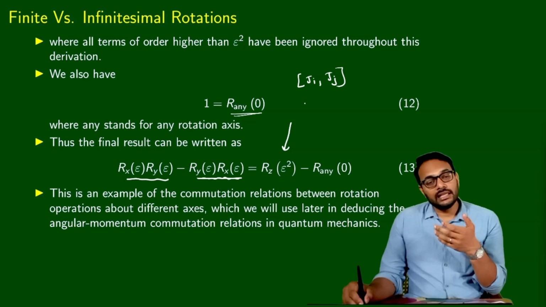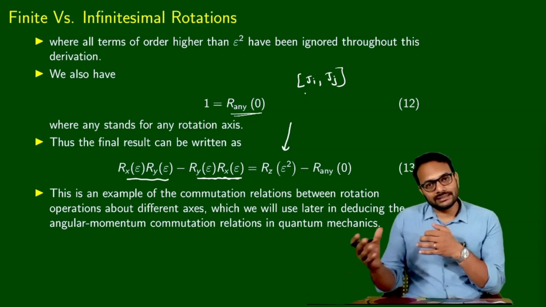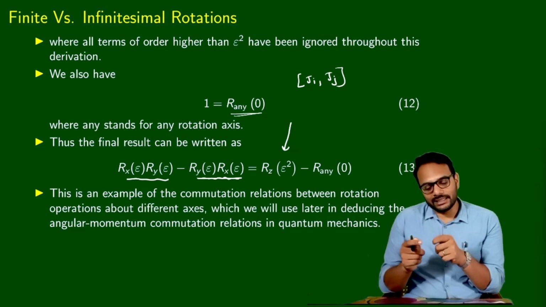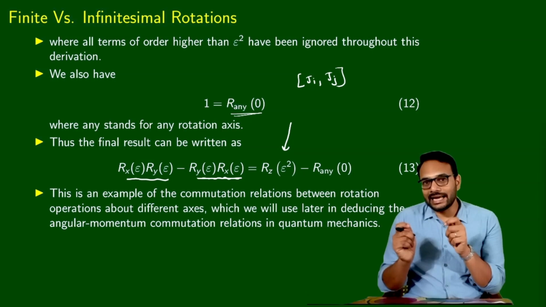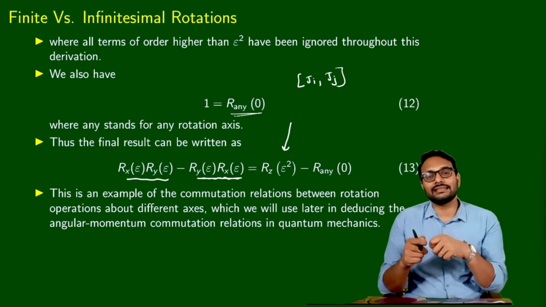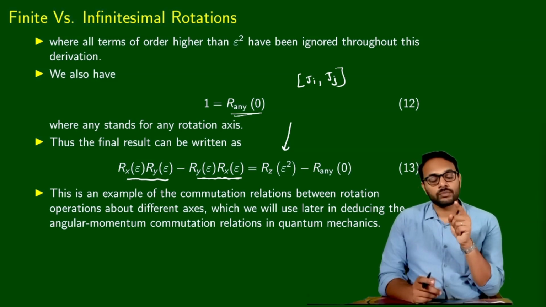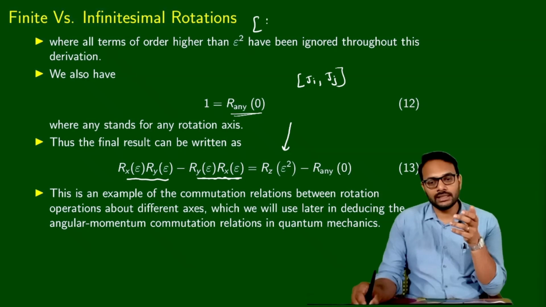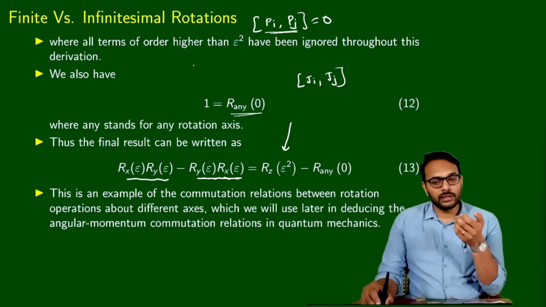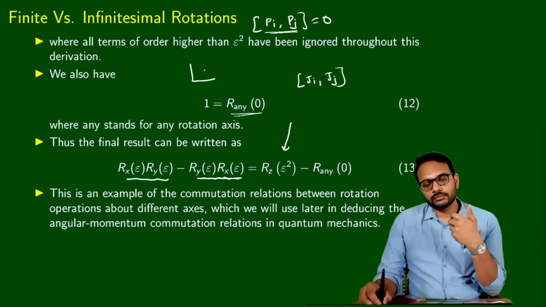There we defined linear momentum as the generator of space translations, and using the fact that space translations in different directions actually commute, we figured out the commutation relations between components of the linear momentum operator. We found that they commute.